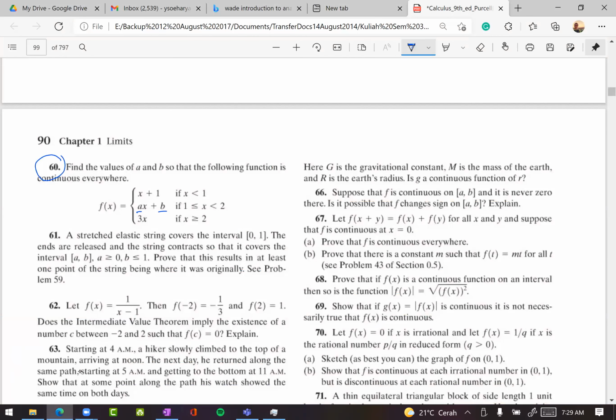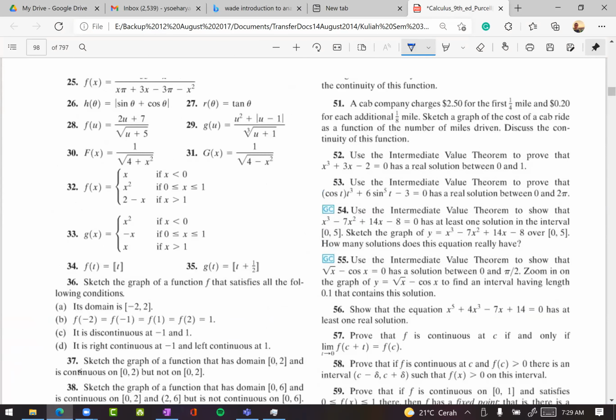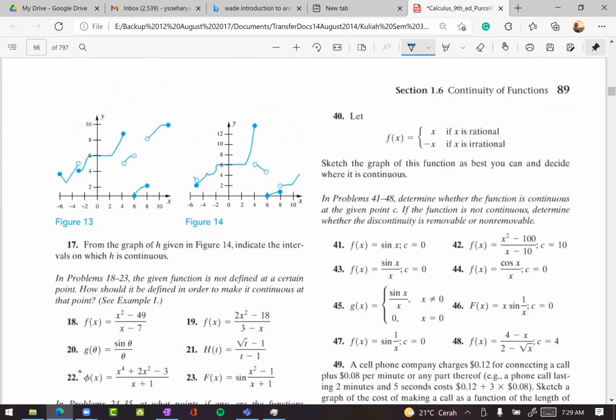All right, so let's go back to this one here, number 40. Oh, section 1.6, exercise 89. So define a function like this. This is also piecewise defined. When x is rational, you define it as x, and when x is irrational, define it as minus x.